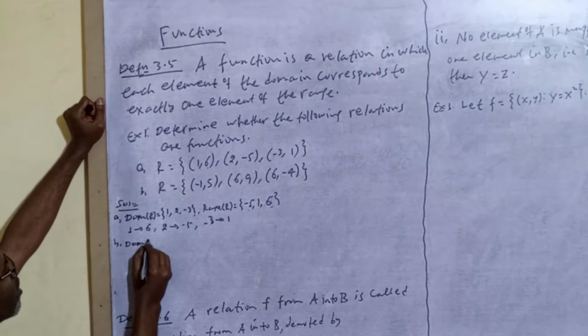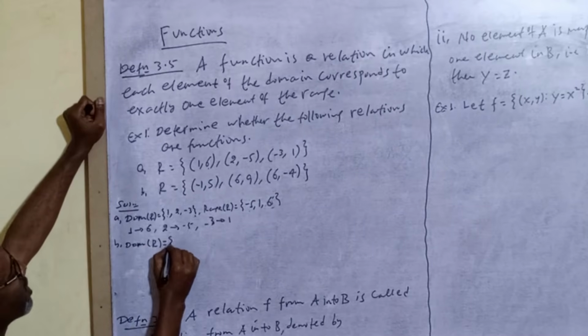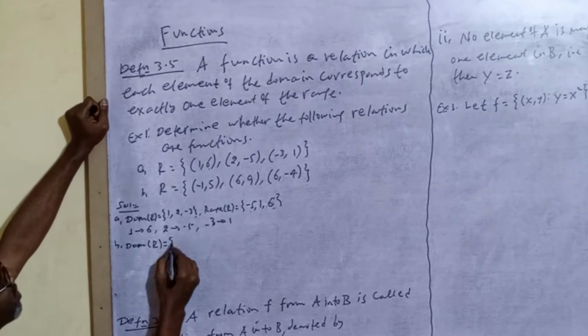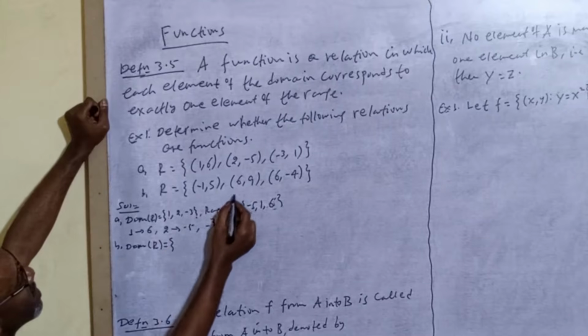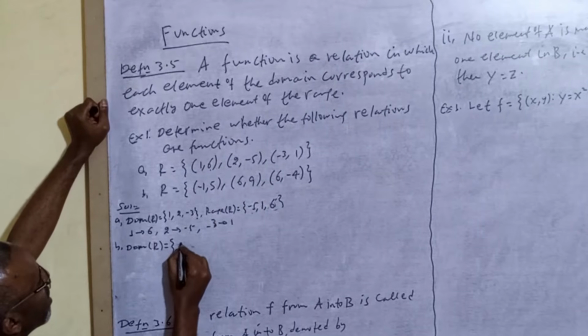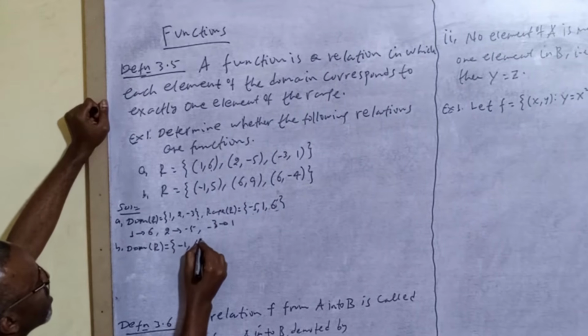Now for part b, the domain of r is -1 and 6.